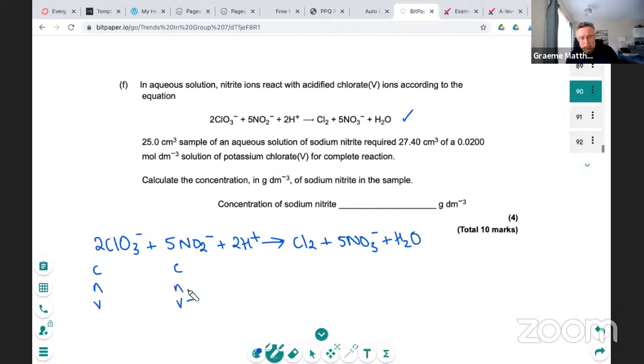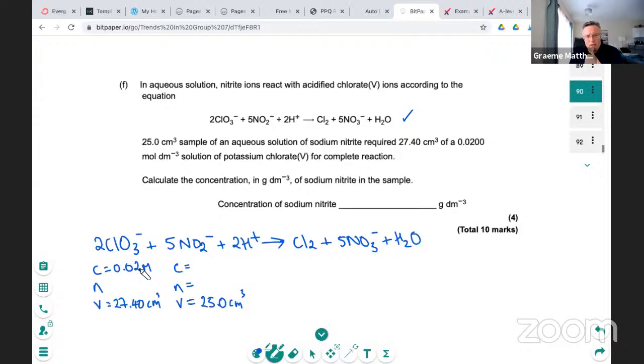Let's say 25 cubic centimeters of sodium nitrite required 27.4 cubic centimeters of, let's see, 0.02 moles per decimeter cubed.